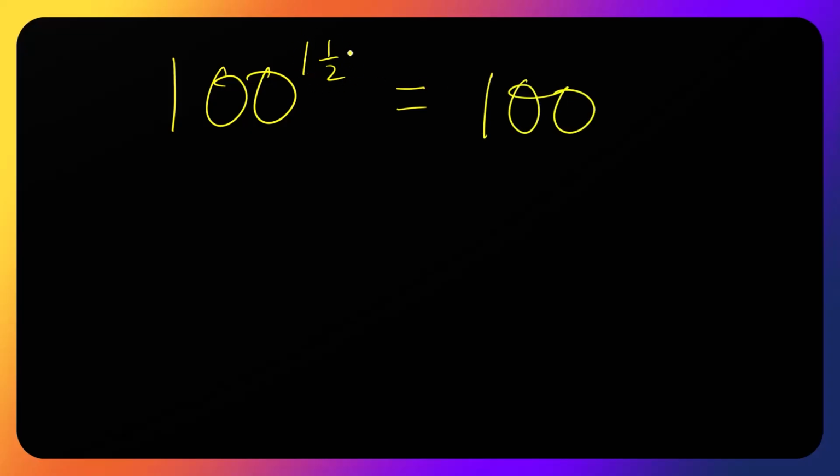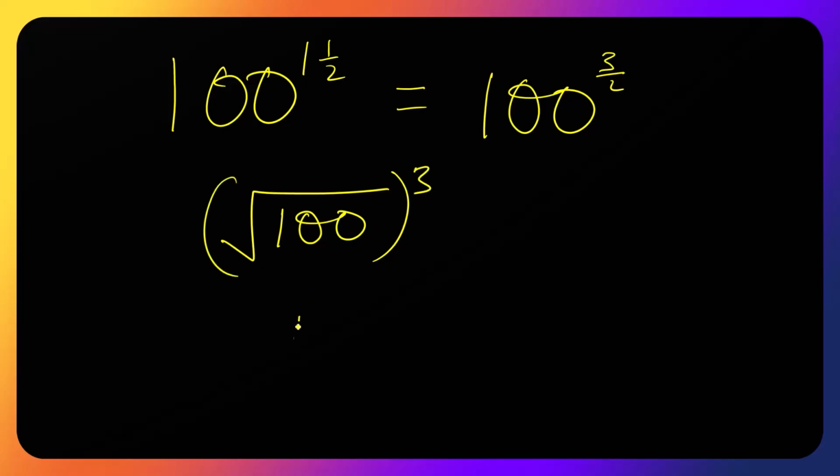Now try this. When you see 100 raised to 3 on 2, let's change this to an improper fraction, 3 over 2. So 3 over 2 is the same as square root of 100, all raised to 3.